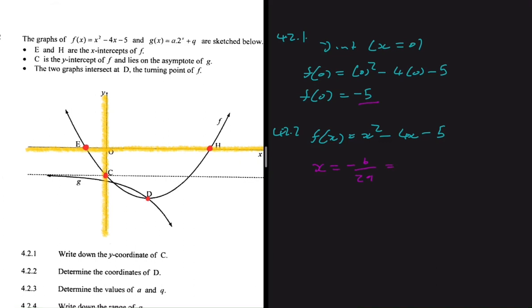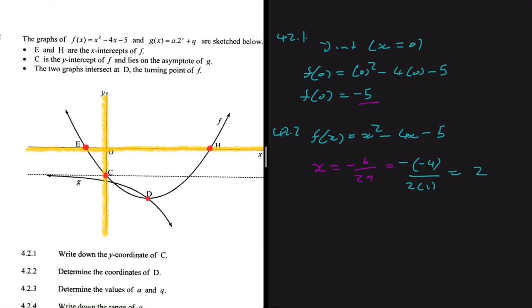So b is the coefficient of x, so that's minus 4, and a is the coefficient of x squared, so we just have 1 there. So x at the turning point should be equal to 2, right?